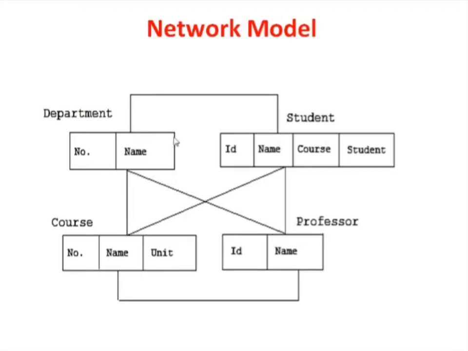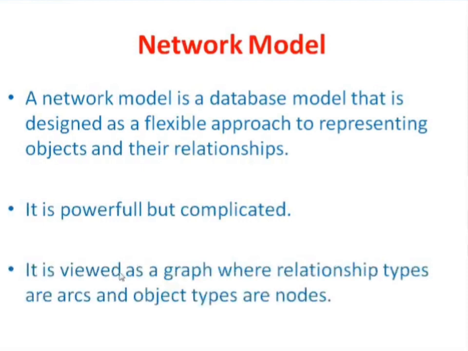You will have multiple many-to-many relationships. The relationships are represented using arcs, and each table is represented using entities. Relationship types are arcs and object types are nodes. But still, it is not in use nowadays.